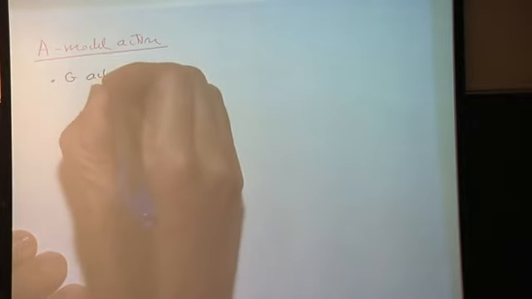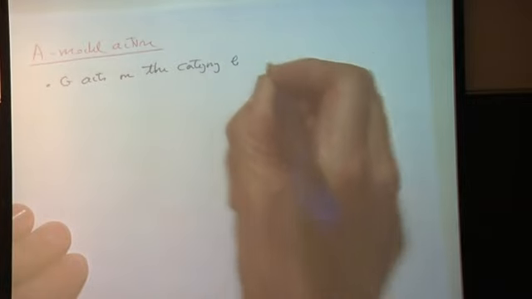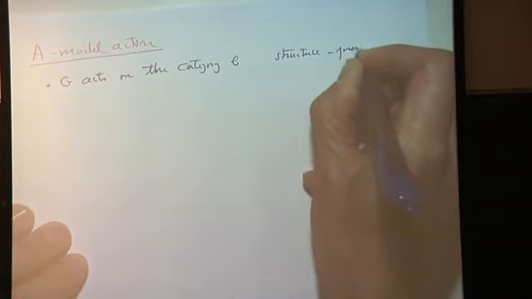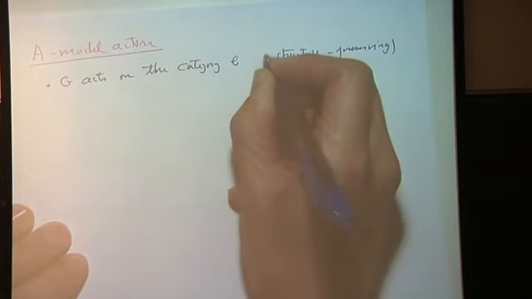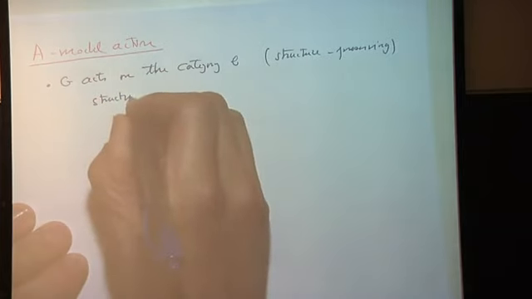So let's look at the A model action. And now there are the two variants I mentioned before. So first of all, we're going to say that G acts on the category C, structure preserving, and we'll pretend we know what that means. And now the structure, let's make the structure at least differentiable.